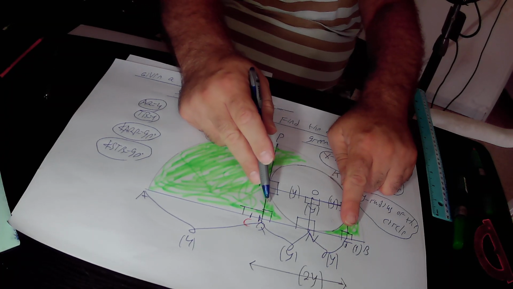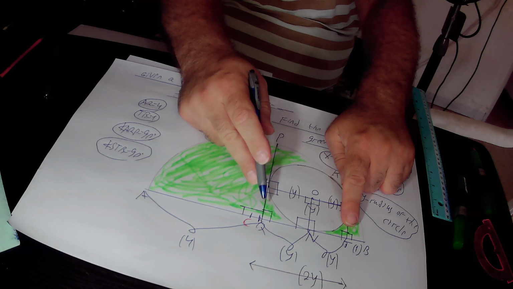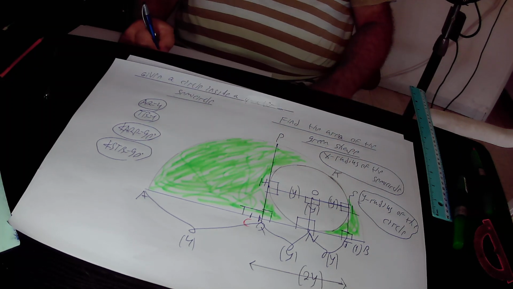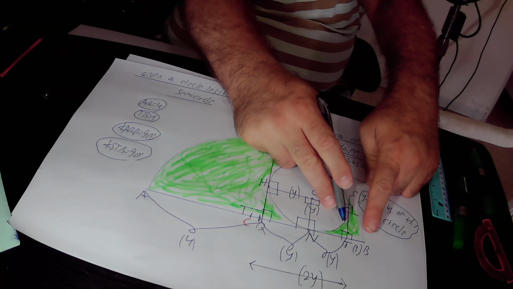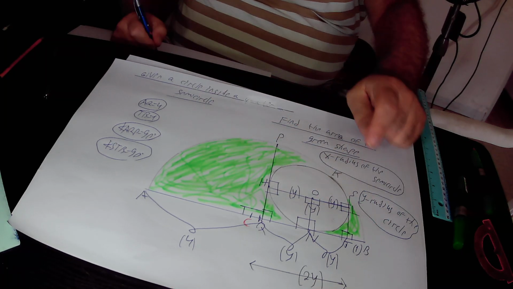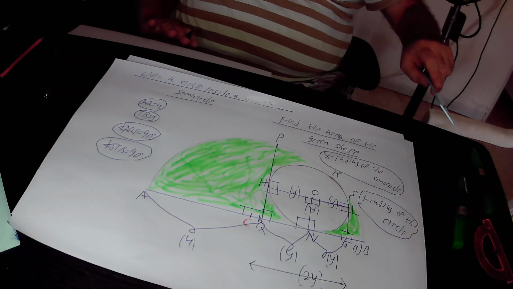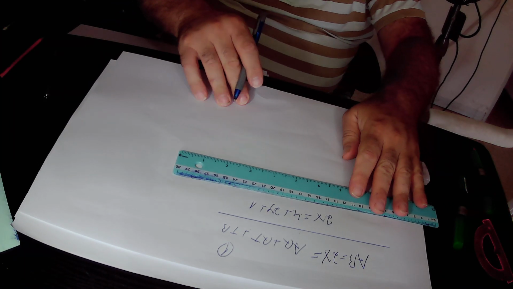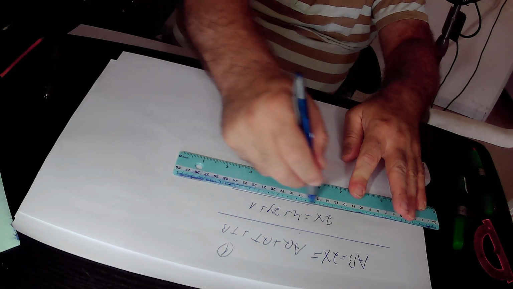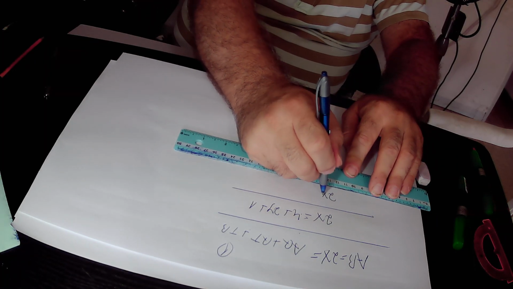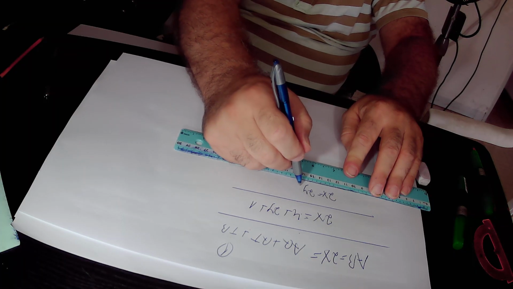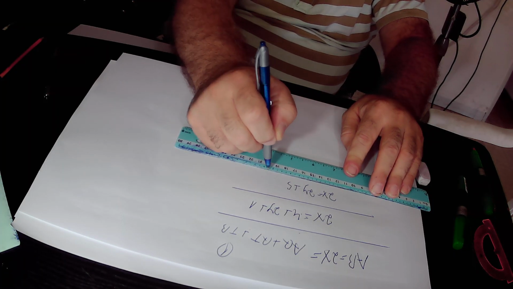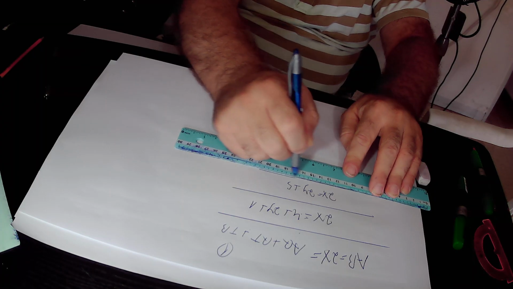We just found out that QT in total equals 2y, plus TB. TB equals 1 unit in its length according to what is given in the question. So in total we found out that 2x equals 4 plus 2y plus 1. So 2x equals 2y plus 5.